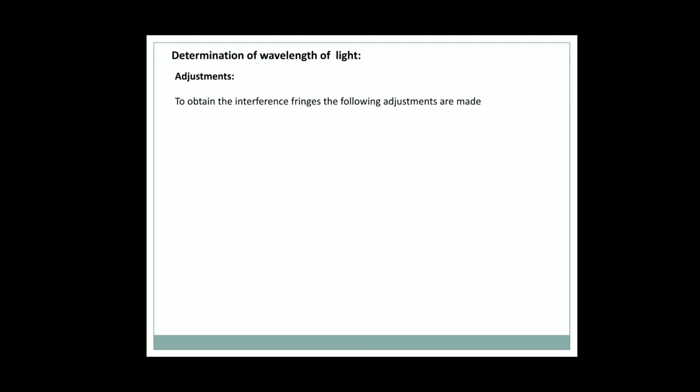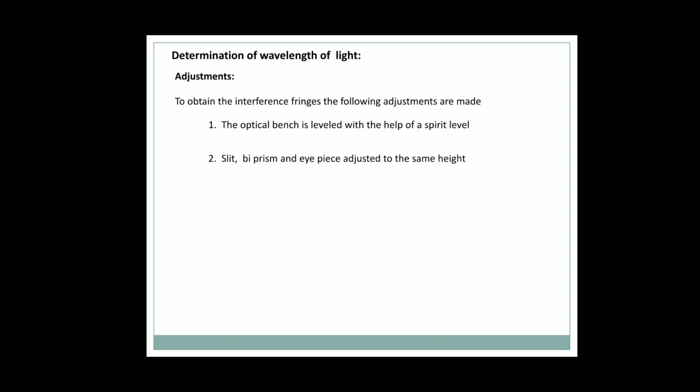So, how can we determine the wavelength of light? Before determination of the wavelength, some adjustments are to be made. The first is that the optical bench is leveled with the help of a spirit level, so we can level the optical bench parallel to the earth.